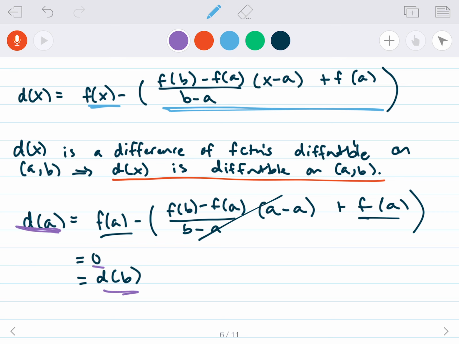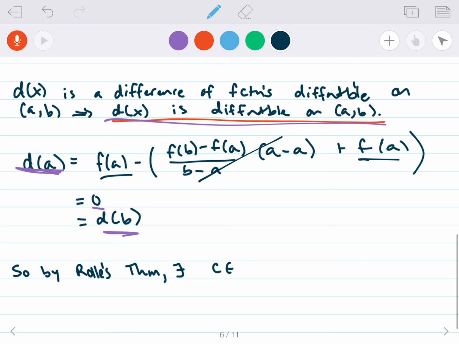Okay, so let's write that out. By Rolle's theorem, there exists c in that open interval such that d prime of c is equal to 0.